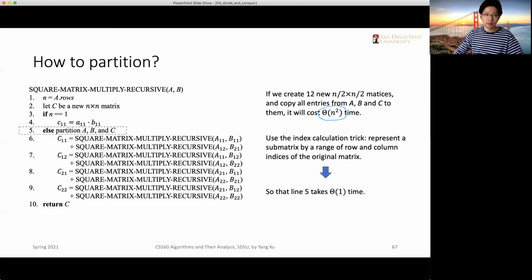We can assume that with this smart index calculation trick, and we are not going to go into the details here, but all we need to know is that with some implementations, we can reduce the cost for this dividing step to a constant amount of time, which is good news for us.